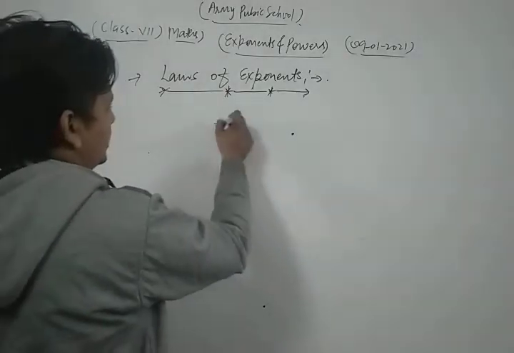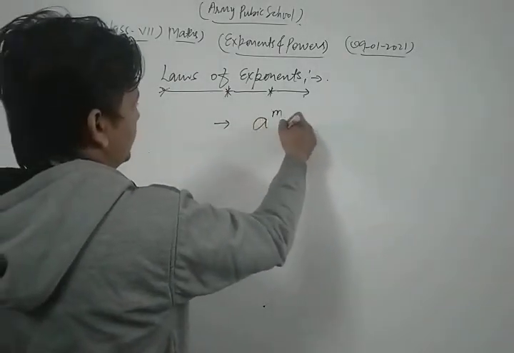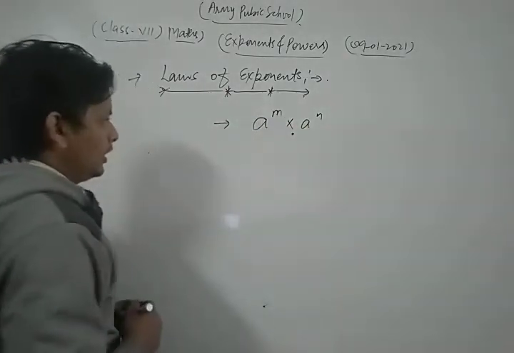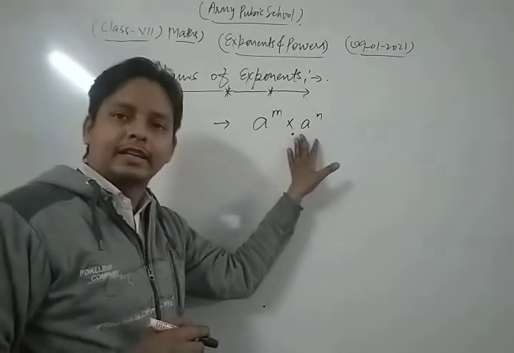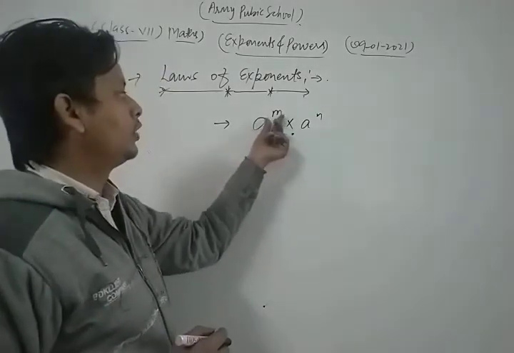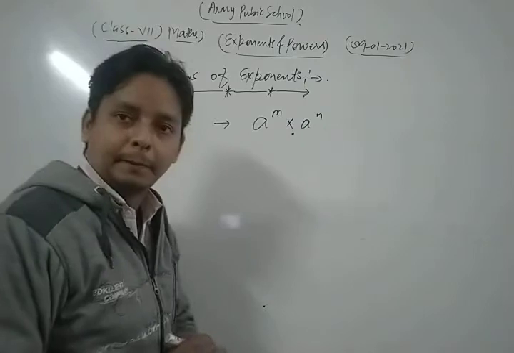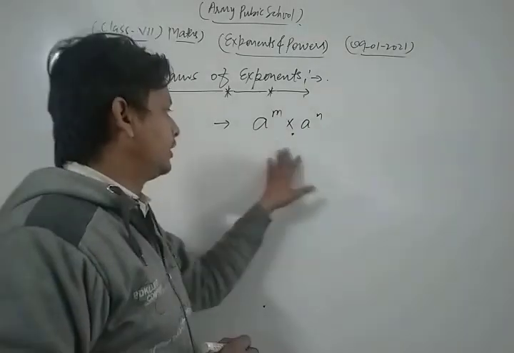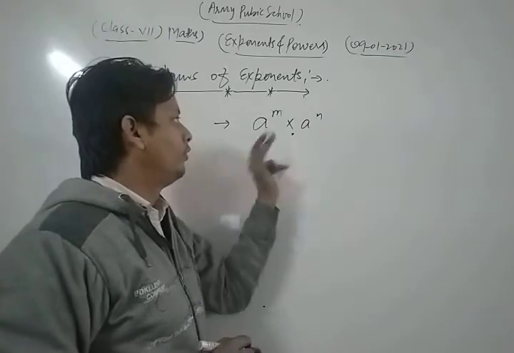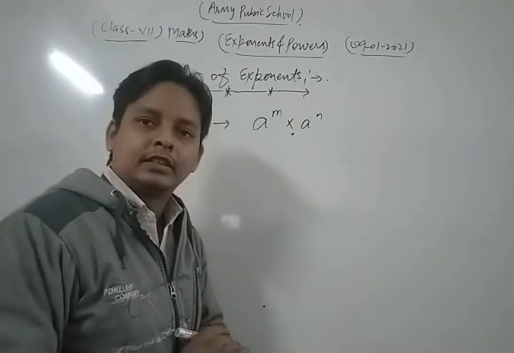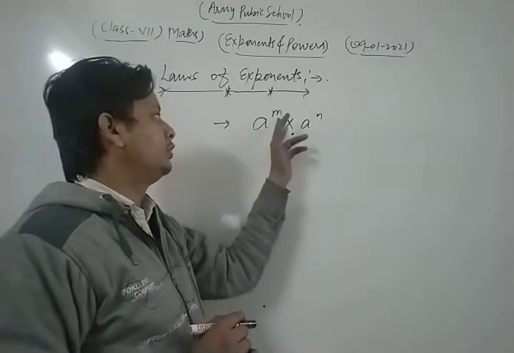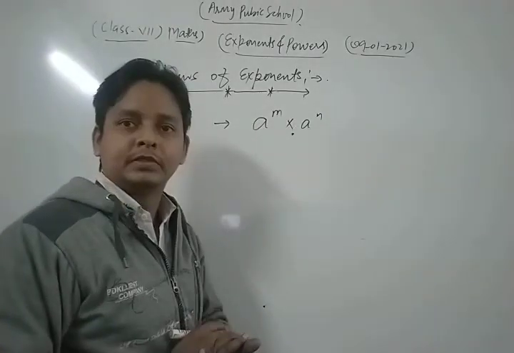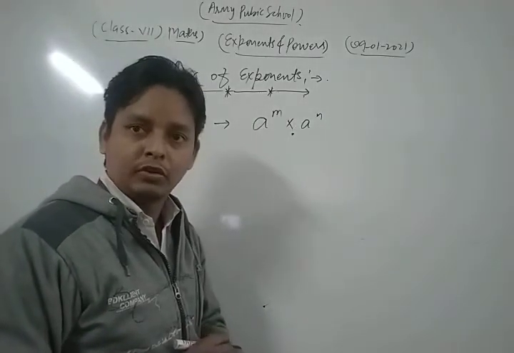The first one is what? If we write a to the power m into a to the power n, both are in exponent form.